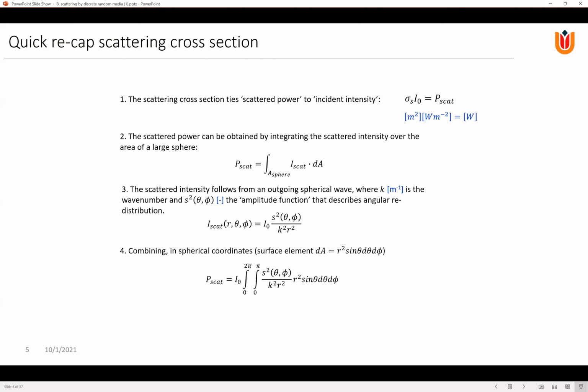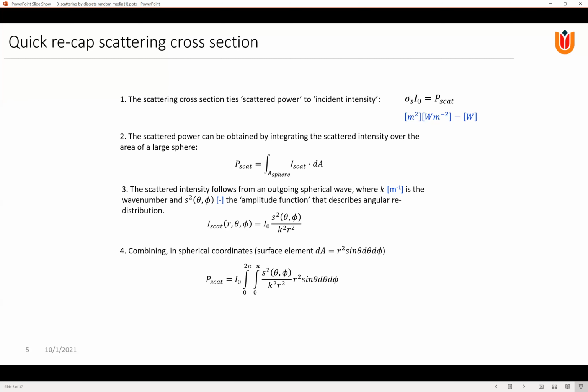We could combine these equations, of course, because we had this expression for the scattered intensity based on some unknowns and some knowns. We had this thought experiment of having a particle, putting a sphere around it, and then calculating scattered power.